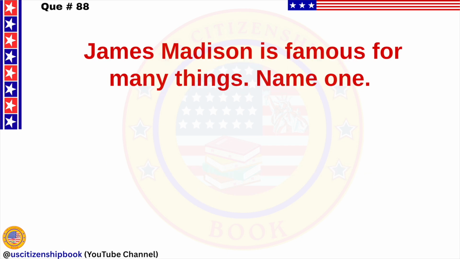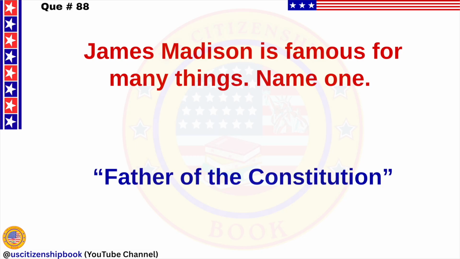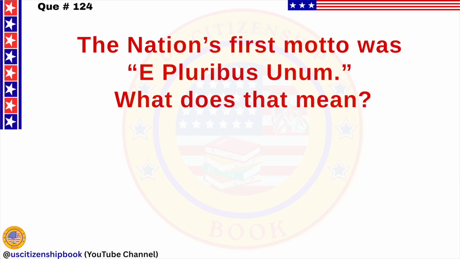James Madison is famous for many things. Name one. Father of the Constitution. The nation's first motto was, E pluribus unum. What does that mean?